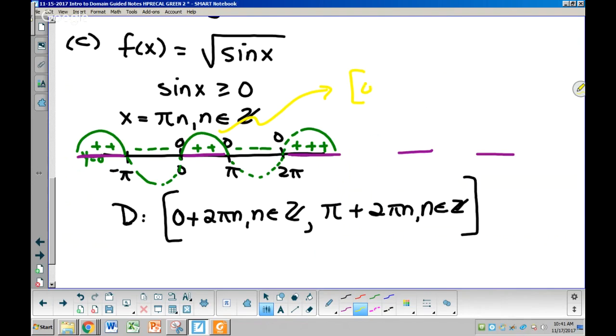This interval would be 0 to pi. Do you agree? Yes. What's the next interval? Let's write the next interval. 2 pi to 3 pi. I could write a whole bunch of intervals, or I could say 0 plus every interval that's 2 pi away from this interval.